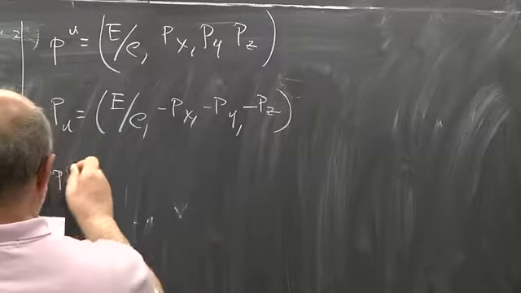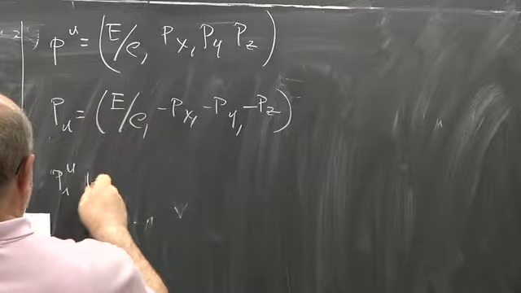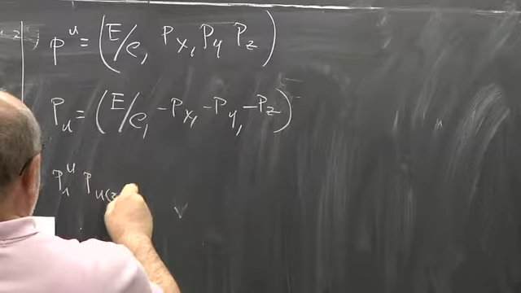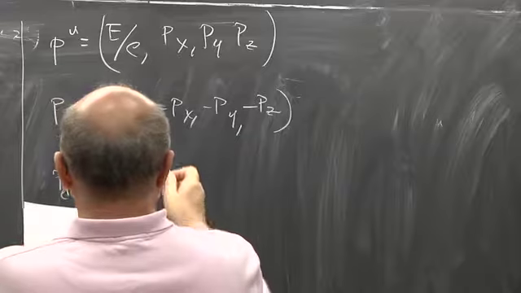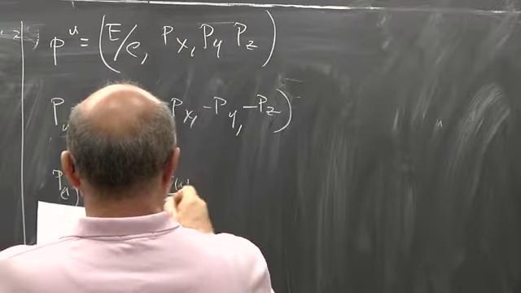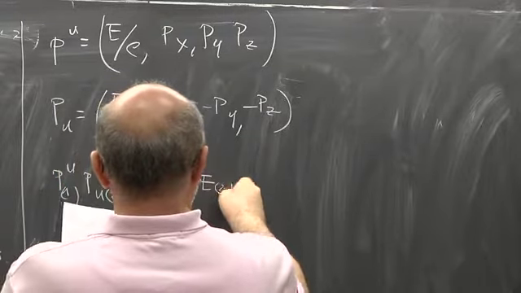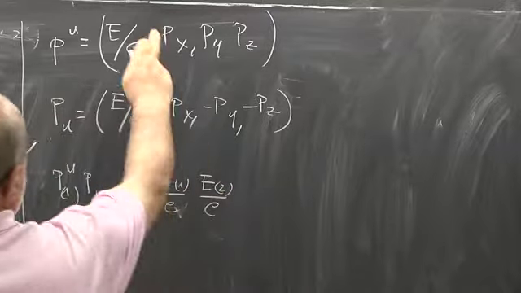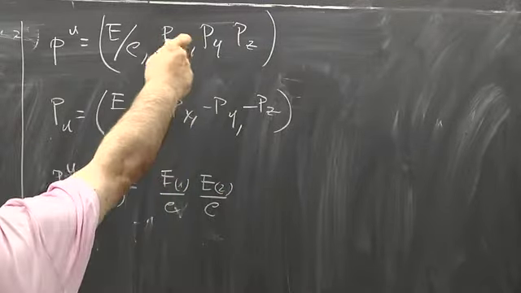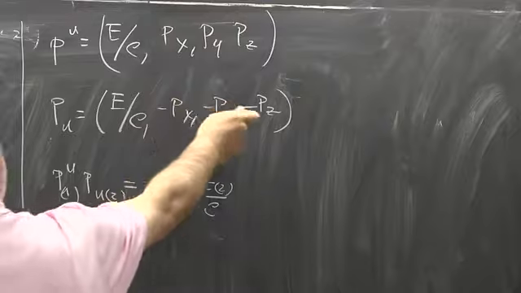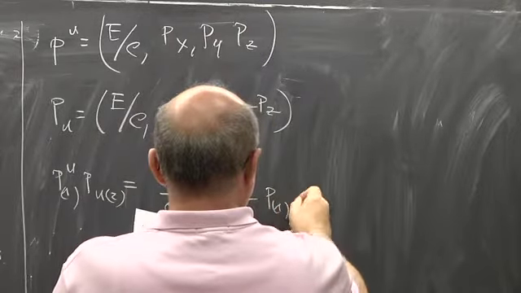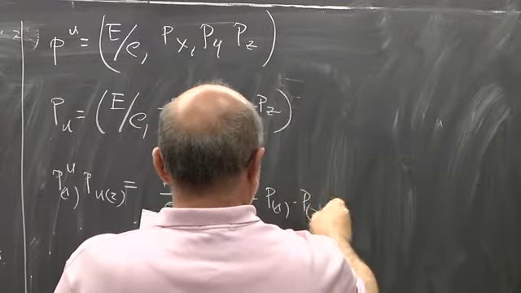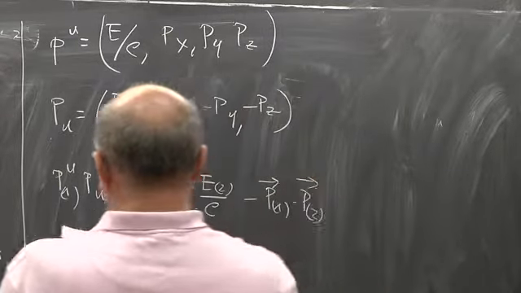And so, for example, if you have P mu 1, P mu 2, of a particle 1 and a particle 2, this object is E1 over c, E2 over c. Then one is with the index up and the other one is with the minus, and the other is with the plus. So you get P1 times P2.